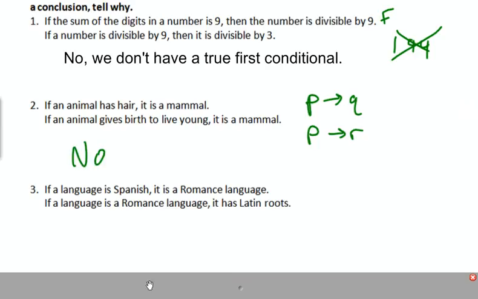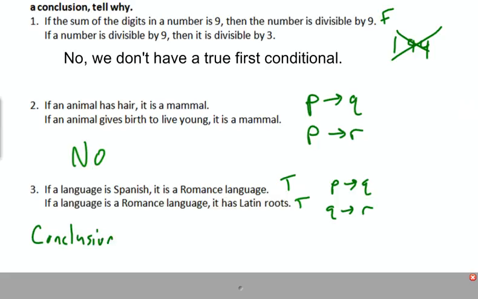All right, number 3. If a language is Spanish, it is a Romance language. That's a true thing. And we have P then Q. If a language is a Romance language, then it has Latin roots. That's true. And then we have Q then R. So we can actually make a conclusion here based off of the law of syllogism.